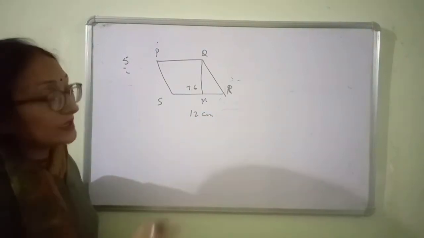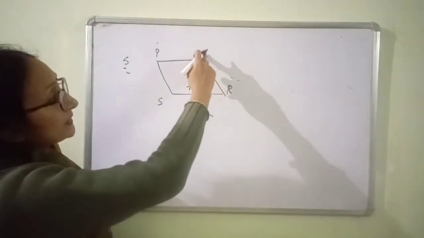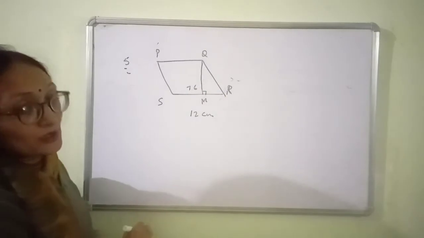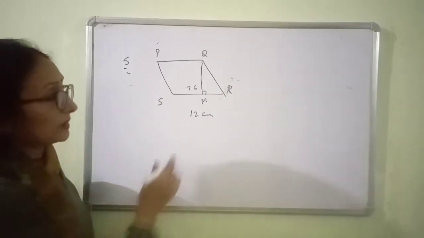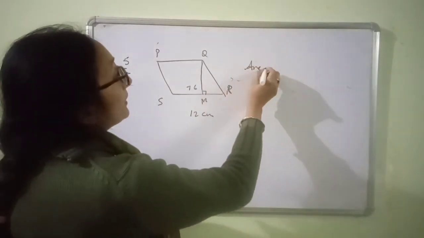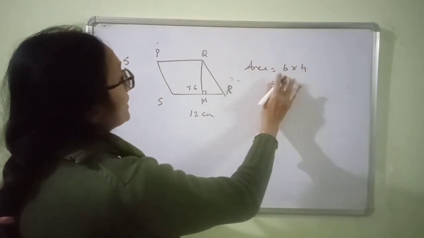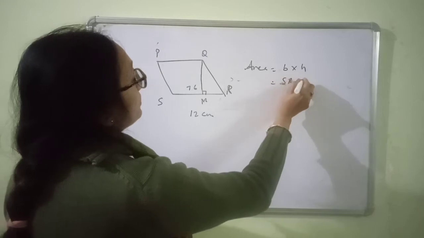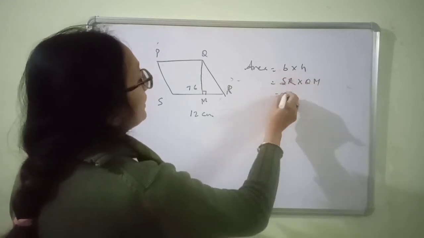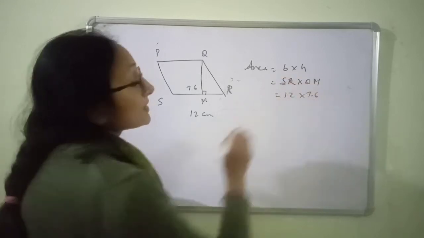So here you can see base is 12 cm and height is QM, which is perpendicular, that is the height of the parallelogram. So the area of the parallelogram will be base into height, here SR into QM. So this is 12 into 7.6. This is the first part.